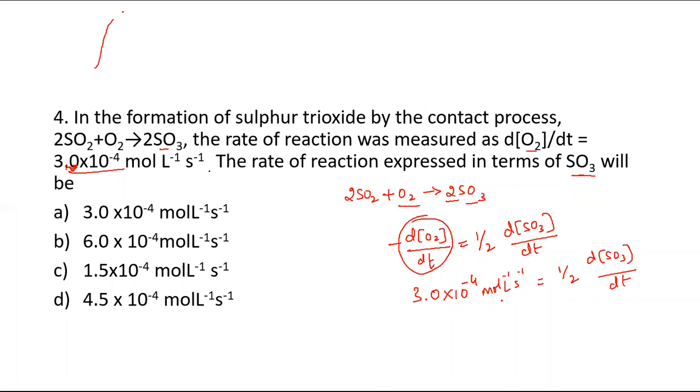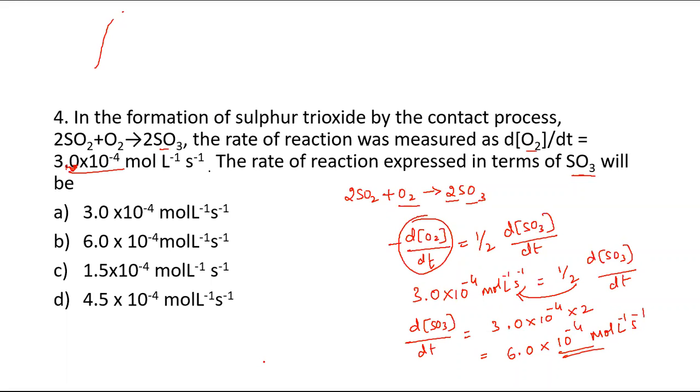Send this half to the LHS, so dSO3 divided by dt is equal to 3.0 into 10 to the power of minus 4, and if this goes here, 2 by 1 comes, into 2. Therefore, our answer will be 6.0 into 10 to the power of minus 4 moles per liter per second.